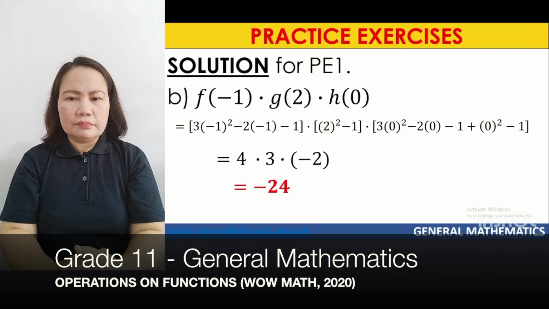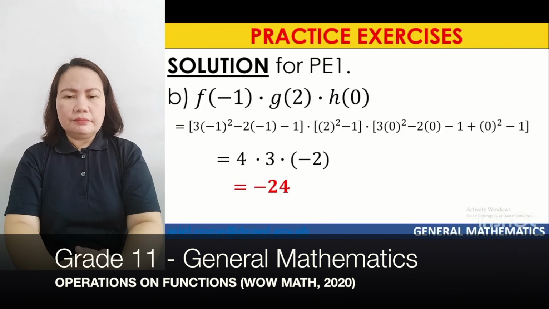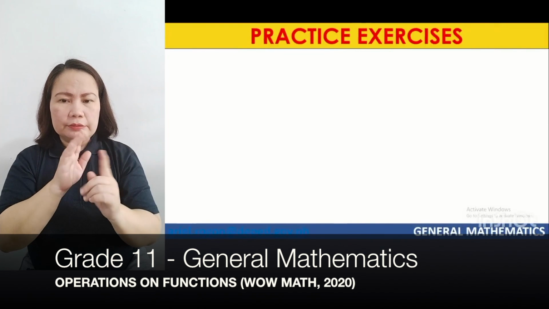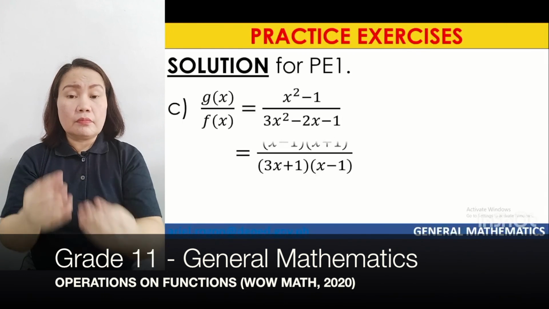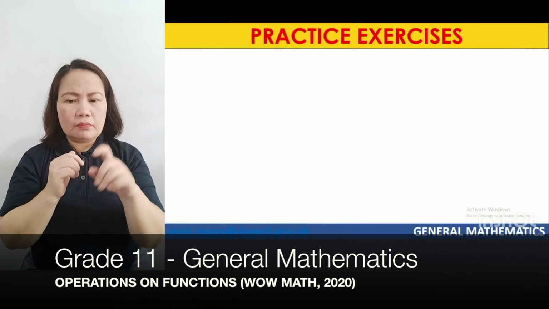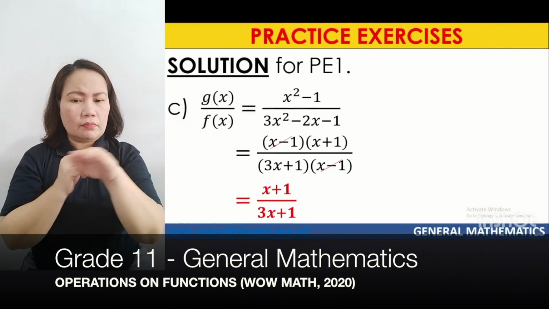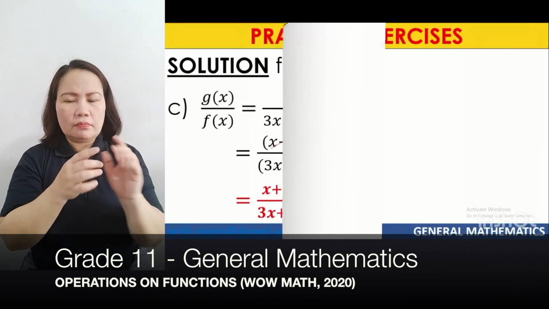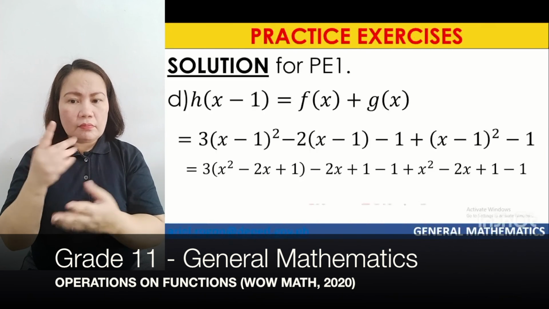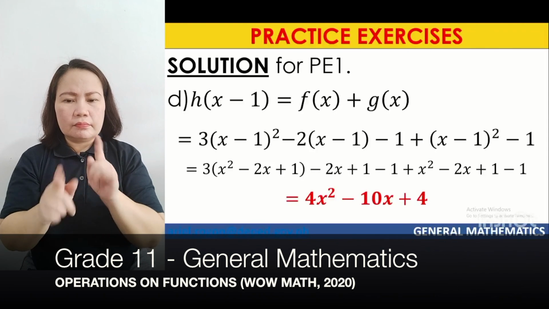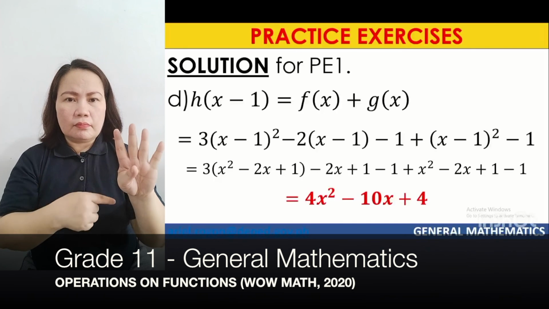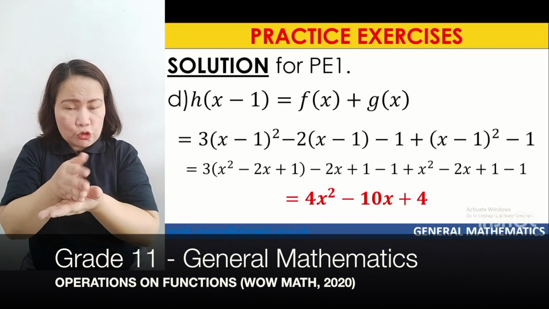So I won't discuss it. You try to answer on your own. For letter C, the answer is x plus 1 all over 3x plus 1. For letter D, you get the answer x squared minus 10x plus 4. You can post this to see the solution.